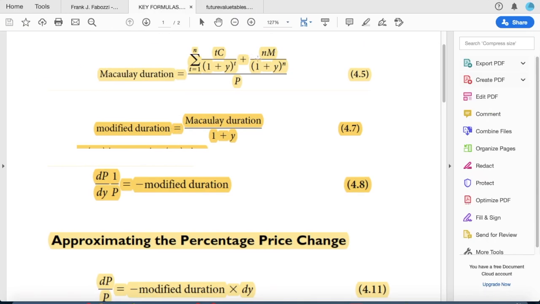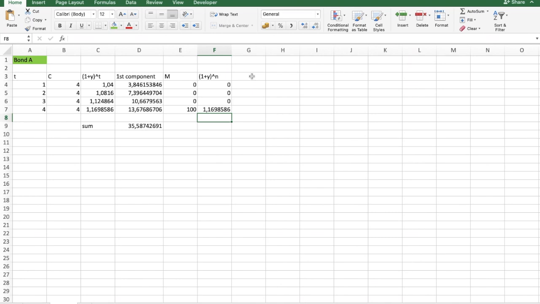Now, we have to multiply n by m first. So n m is equal to the final payment times the final period.